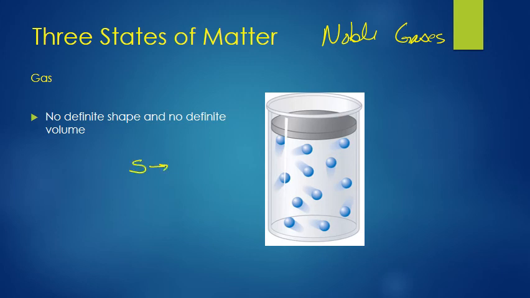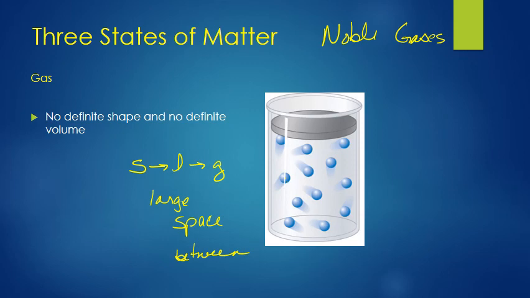As you go from a solid to a liquid to a gas, these little balls move a lot faster. That's what these zoomy lines mean. And look at how much space there is. There's a huge amount of space between the molecules.